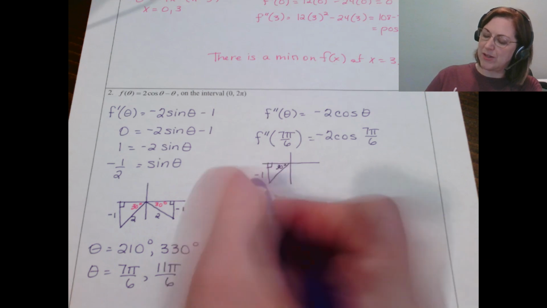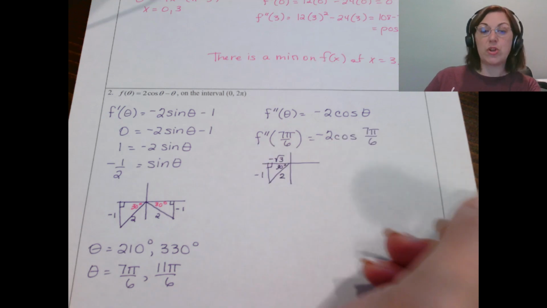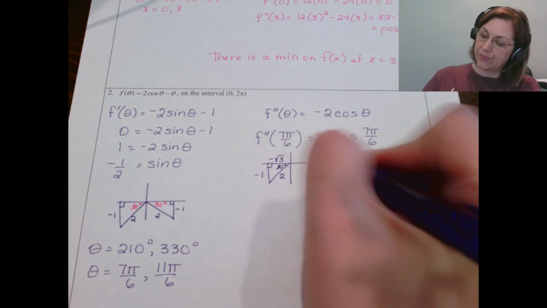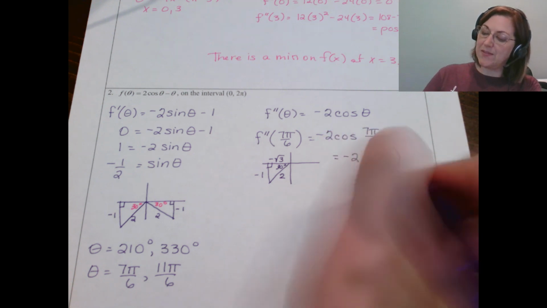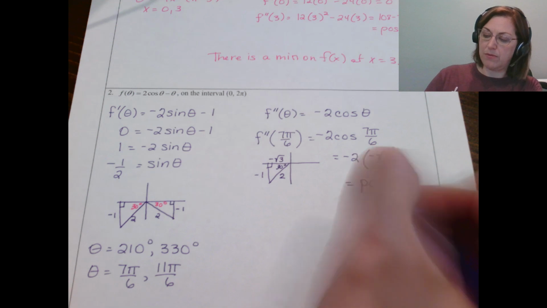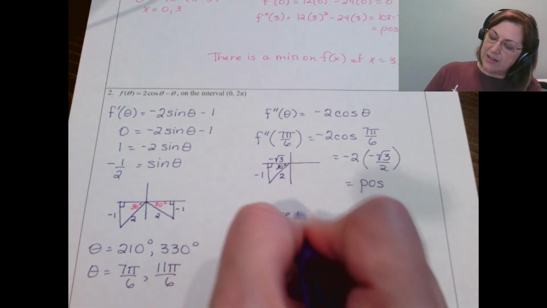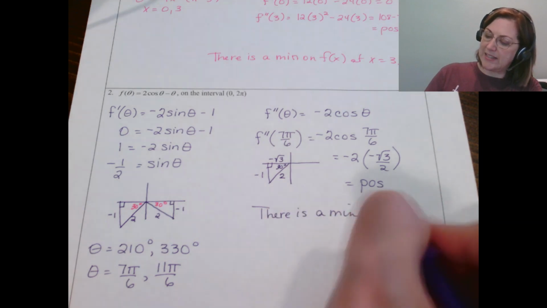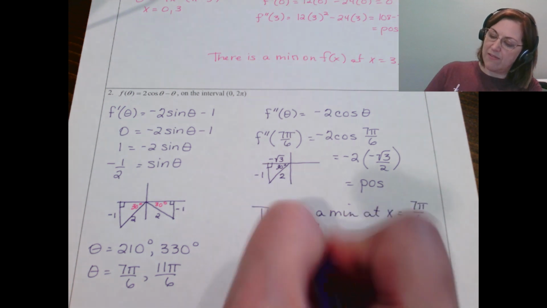So across from the 30 is 1, 2, and negative square root of 3. So the cosine there is negative square root of 3 over 2, which gives me a positive value. And so that tells me there is a minimum at x equals 7 pi over 6 on f of x.